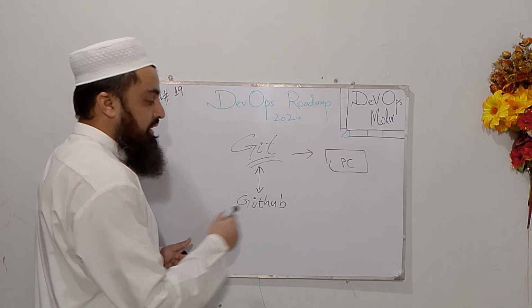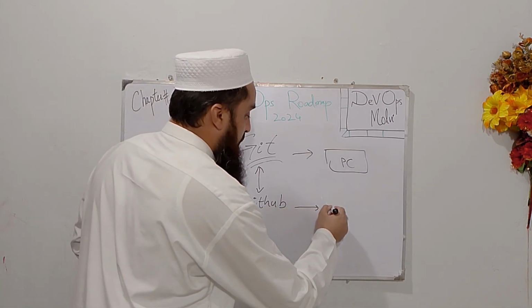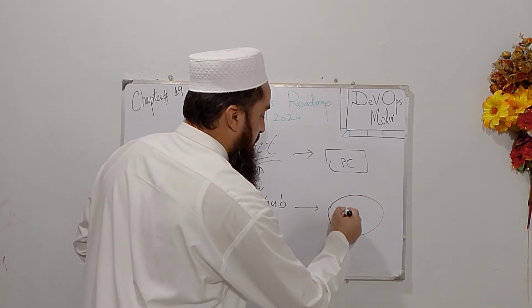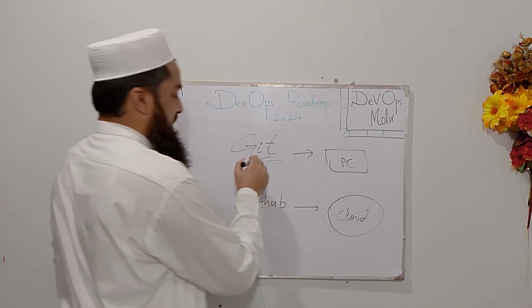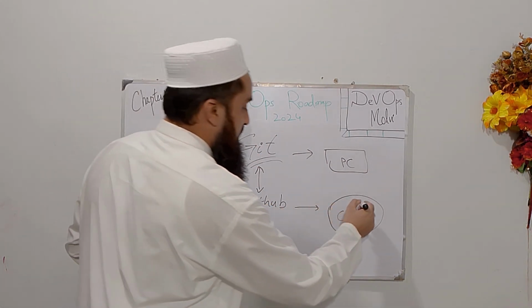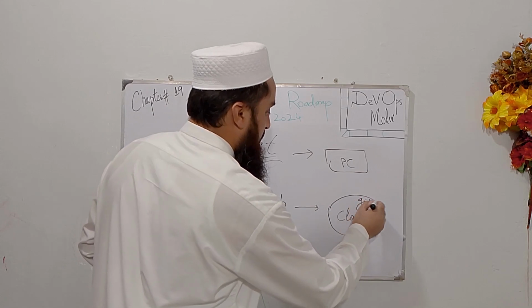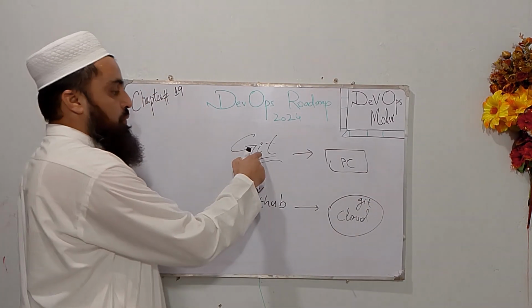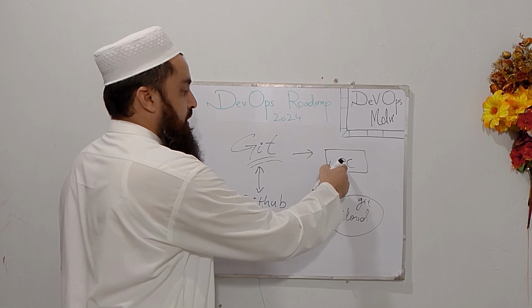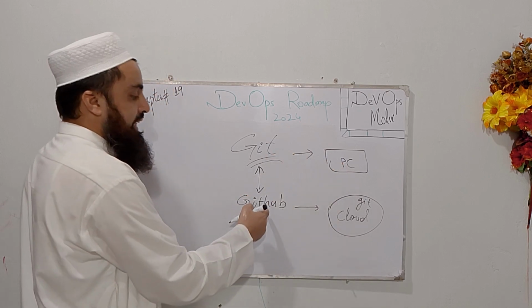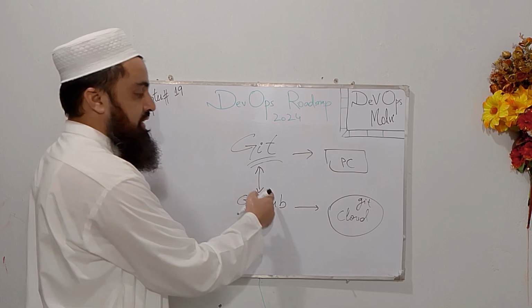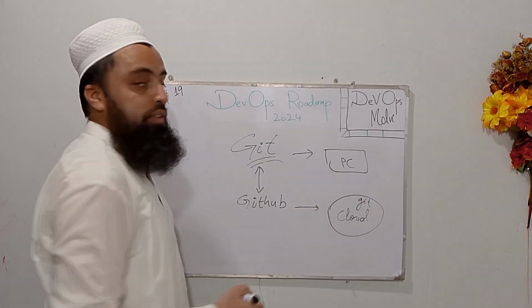But GitHub is a service which runs Git in the cloud. In GitHub, Git runs in the cloud. So we can say that we can install Git on our personal computer. It is a version control software, whereas GitHub is a cloud service which runs Git on the cloud.